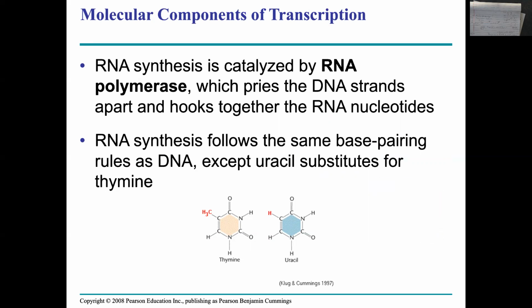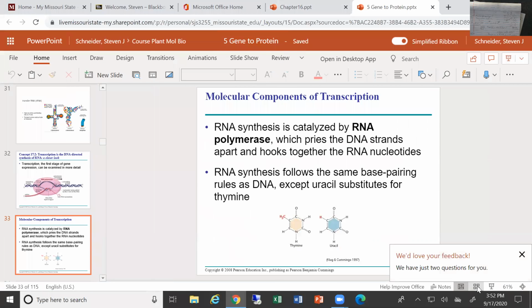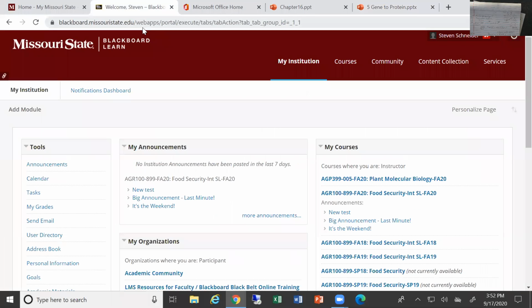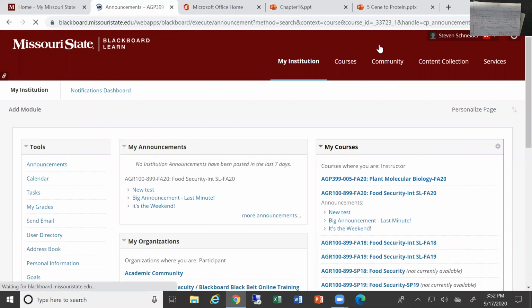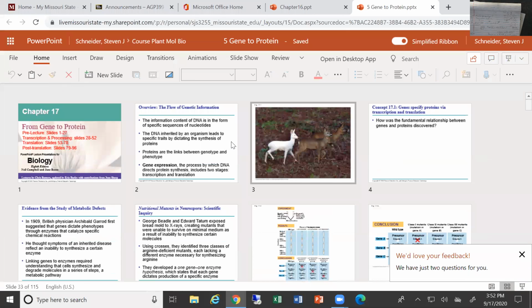Where's this PowerPoint at? It should be the one, I think I posted it last week under Unit 5. Next slide. Well, which slide are you on? It's this one, slides 1 through 27.